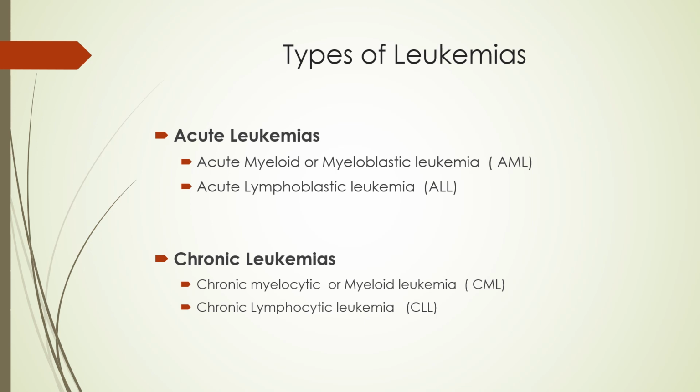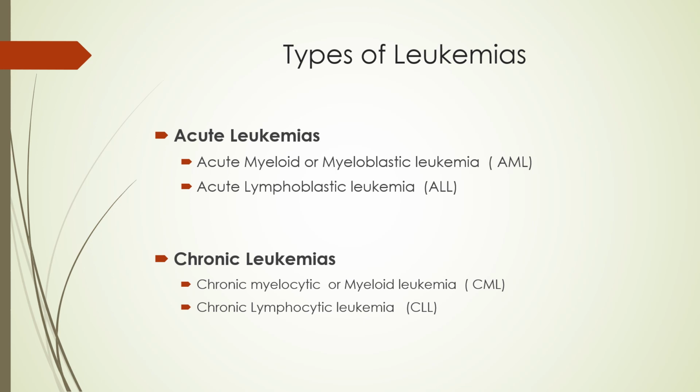This means that in AML of acute leukemia, the cell will be of blast type, myeloblast, which are very, very immature cells. The same case is with acute lymphoblastic leukemia. Lymphoblastic. Lympho means lymphoid and blastic means lymphoblast, very immature cell. So in acute leukemia, the blast cells or highly immature cells appear. They are the abnormal cells because the differentiation and maturation block has occurred at the myeloblast stage.